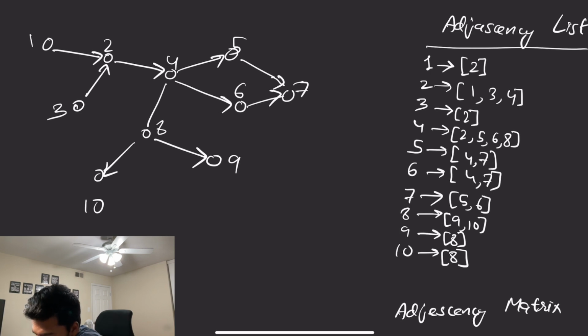So as you see now, 2 is a neighbor of 1, but 1 is not a neighbor of 2 because you can't go this way. Now, the adjacency list, instead of representing just adjacent neighbors, represents, well, can I go to 2 from 1?